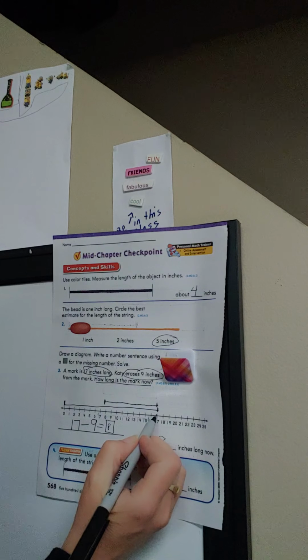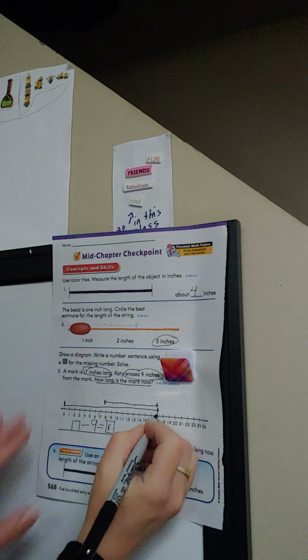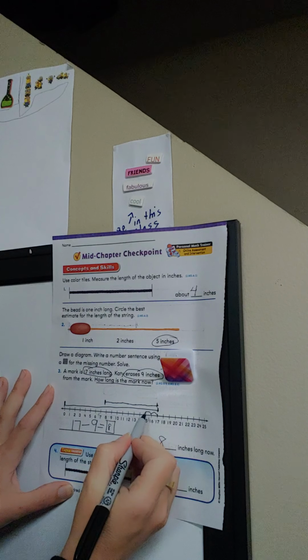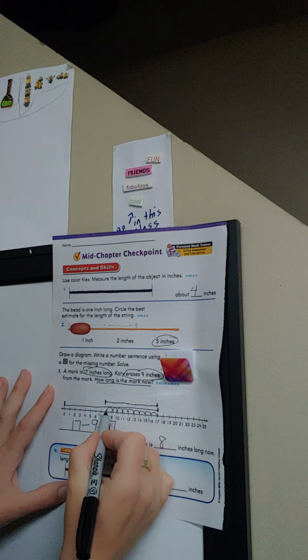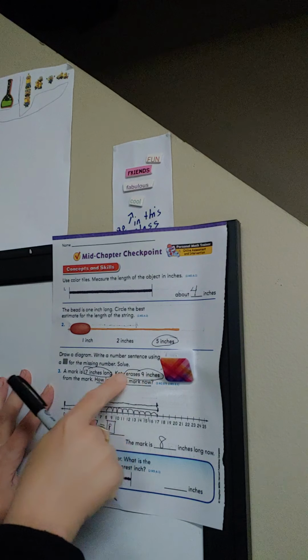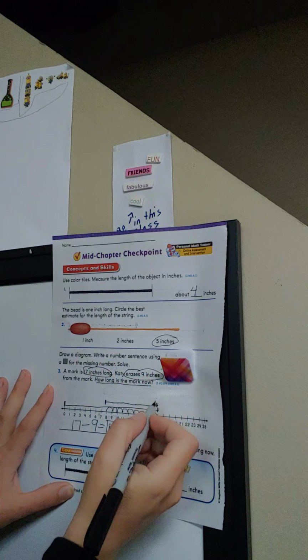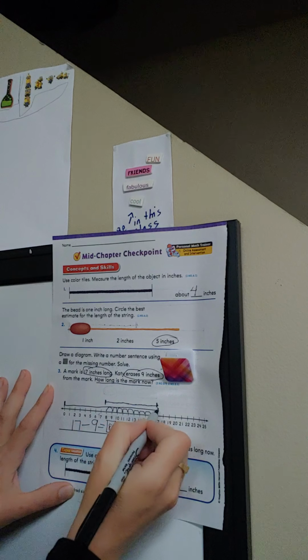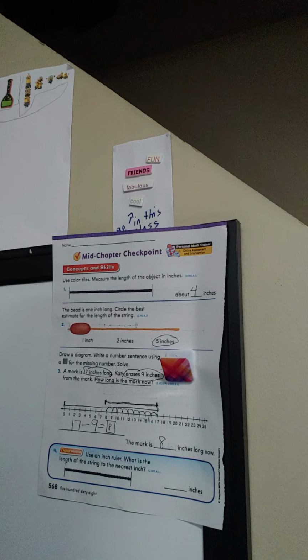If you need to start here and make your jumps like we did earlier in 2nd grade when using number lines, and start here and do 1, 2, 3, 4, 5, 6, 7, 8, 9, and then you can see, oh, I'm going to start my other part of the diagram here that I need to draw. She erased 9, so this is going to be the part. You can see it here. I'm going to start it here and then end it at 8. If that makes it easier for you to do, go ahead and do that.